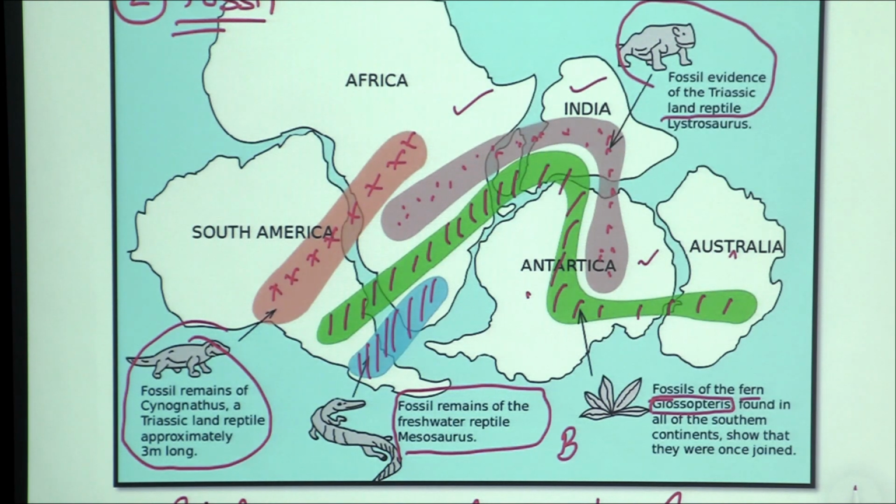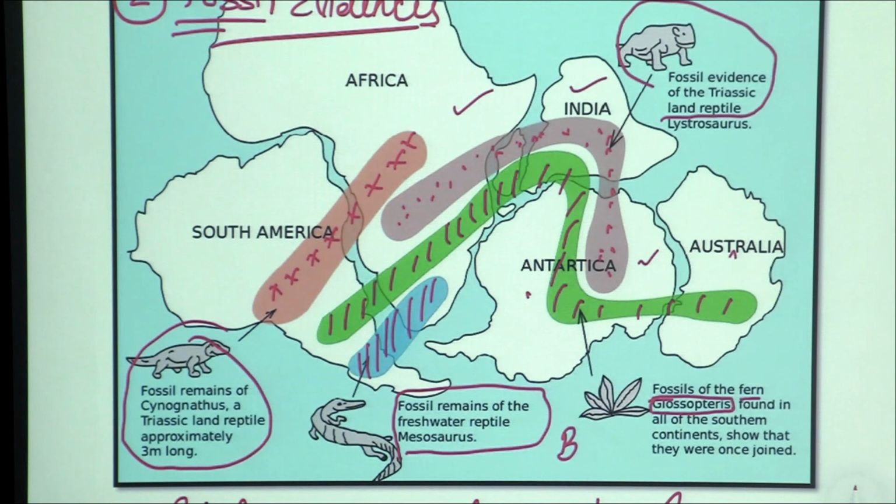All these are examples proving that these continents were once combined, and if they were combined, continents have drifted. Evidence number 2 in favor of continent drift theory thus goes as fossil evidences. And what are fossil evidences?